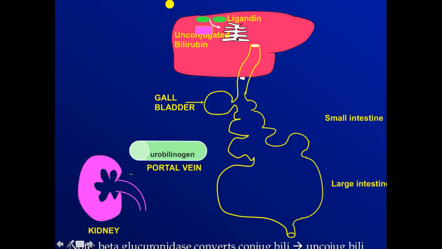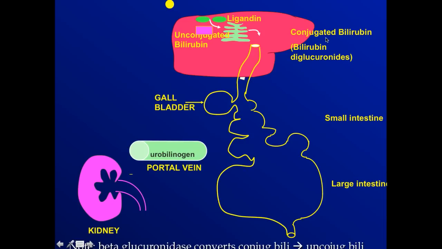In the smooth endoplasmic reticulum, there is an enzyme called UDP glucuronyl transferase that is going to conjugate this bilirubin with 2 molecules of glucuronic acid, and you will have conjugated bilirubin. Why do you need to do this? It is mainly to make it water soluble, so that it can be excreted in your feces and in your urine. So now you have bilirubin diglucuronide, also known as conjugated bilirubin.